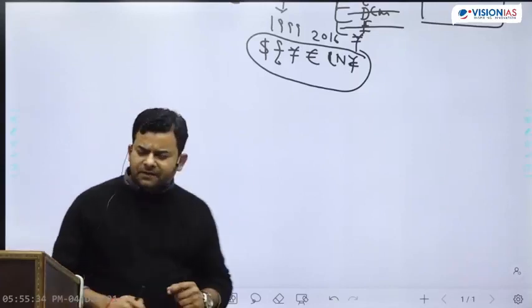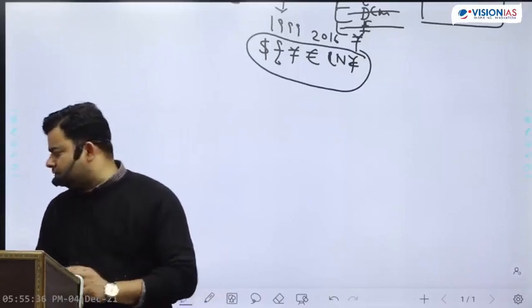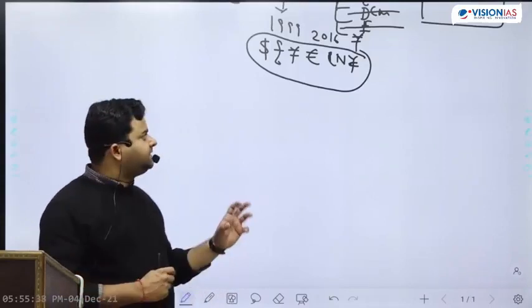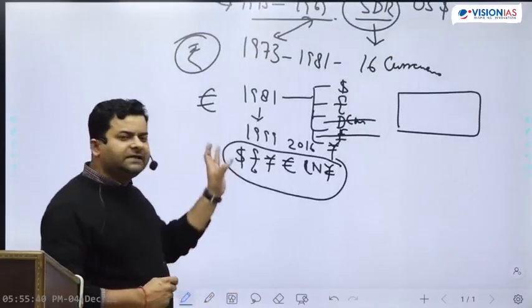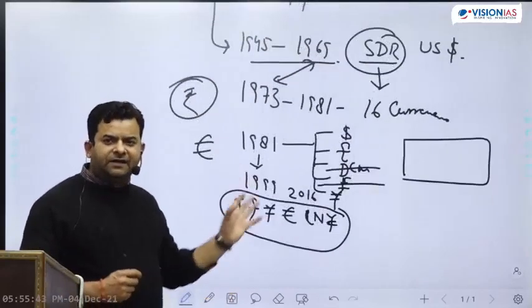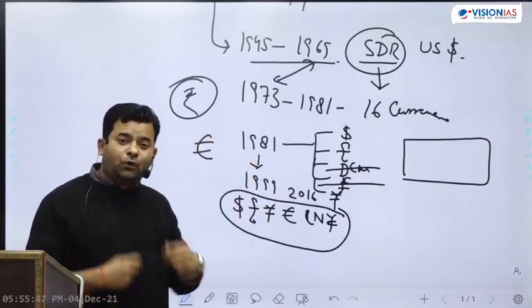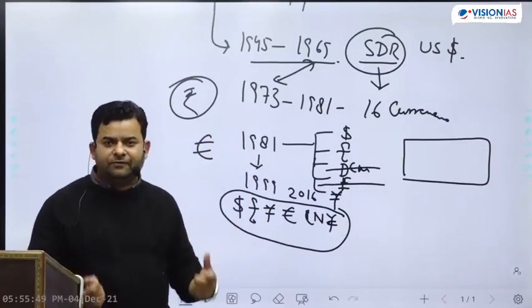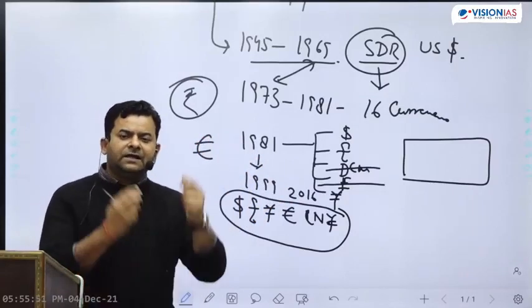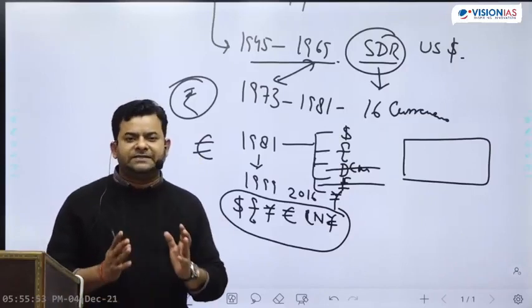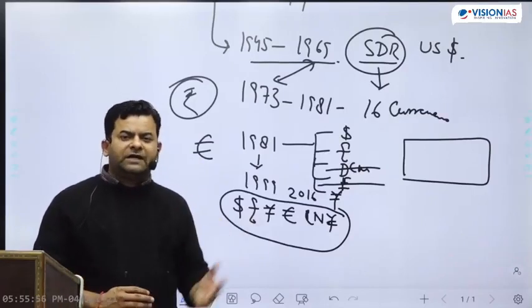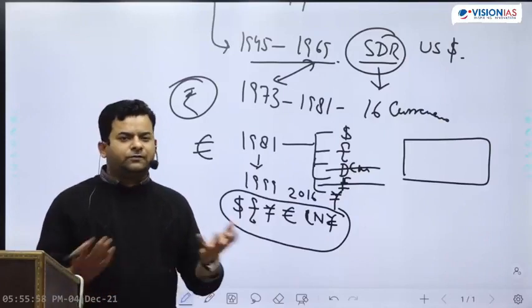As I told you earlier also, SDR is nothing but the currency of the IMF. As every country has a currency, in the same way the IMF has its own currency. The concept became more popular in 1969 because earlier to that it was equal to the dollar only, so there was no point of talking about it.